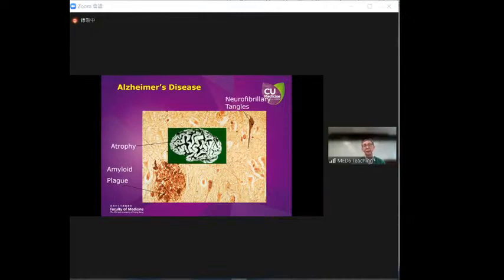When the tau protein becomes denatured by hyperphosphorylation, the whole axon does not work. So it's a sign of cell death. Tangles are actually the end stage feature of a whole range of neurodegenerative conditions. It is not unique to Alzheimer's disease. If you have other neurodegenerative conditions like Lewy body dementia or frontotemporal dementia, you have tangles as well.